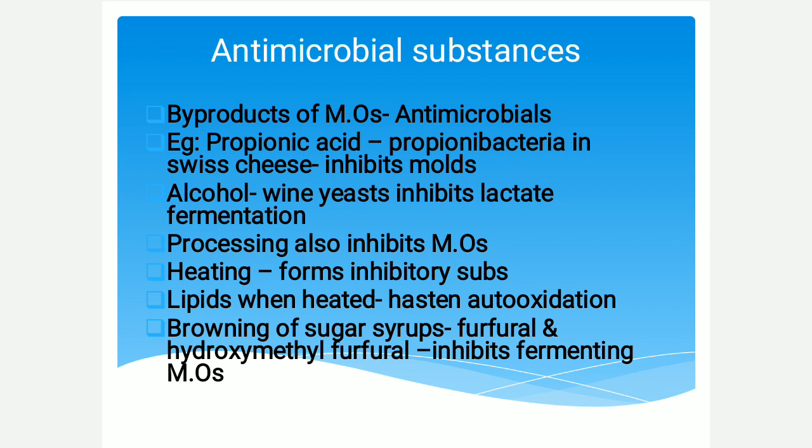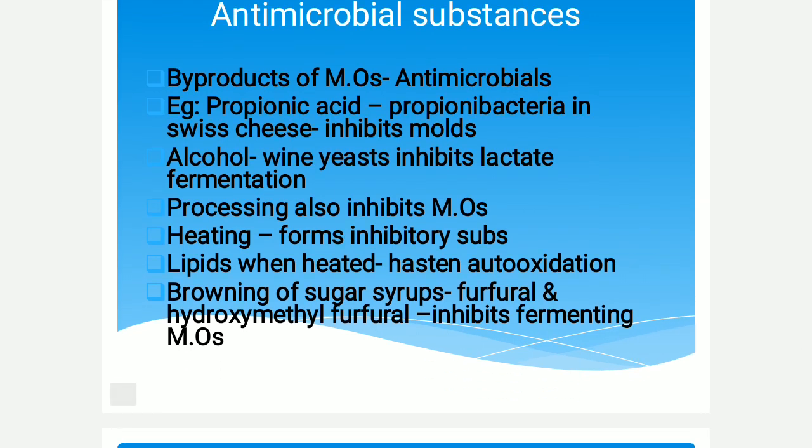Propionibacteria should be produced in Swiss cheese to bring in that taste, right? So that makes it inhibitory to molds. Molds cannot grow on this cheese. Alcohol formed in quantity by wine yeast inhibits competitors. That's the reason you will not find any other organism competing in your wine, because yeast is there.